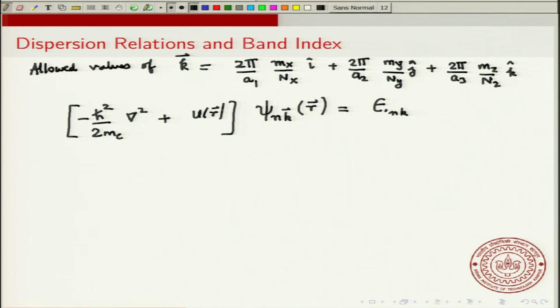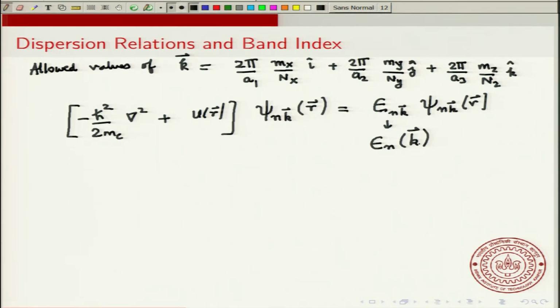Epsilon n k is not a function of r. So, now for each allowed value of k you have some energy. Okay. So, let me write this in a slightly different way. I will write this as epsilon n as a function of k.